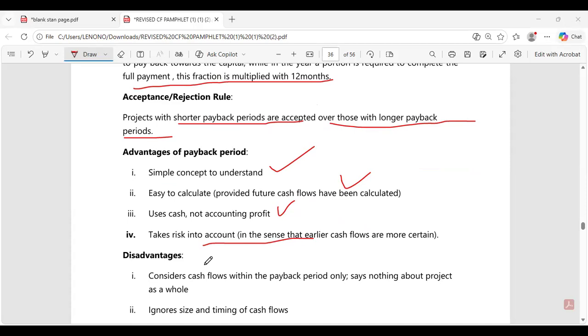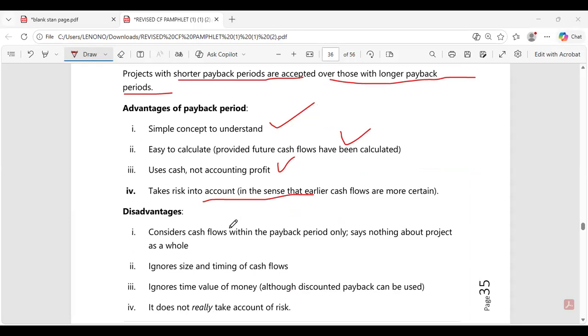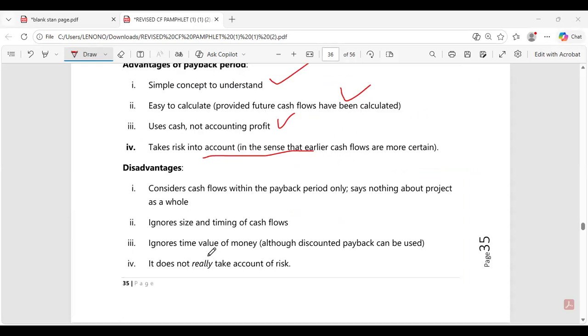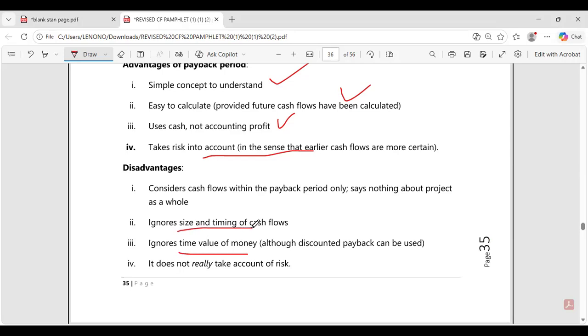Disadvantages: it ignores the time value of money, all right? And it ignores other cash flows after the payback period.